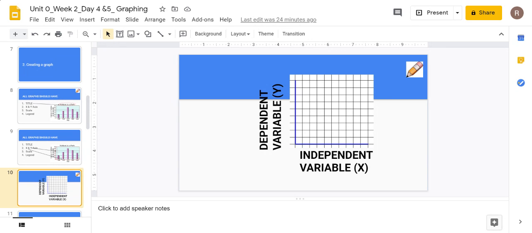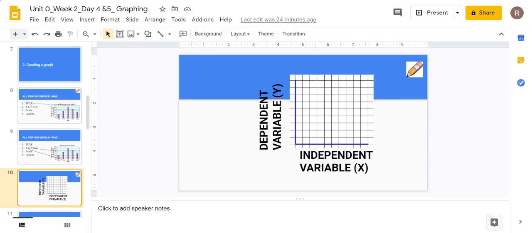The dependent variable, what you're measuring, always goes on the y-axis. The dependent variable, or what you are measuring, always goes on the y-axis. Your independent variable, or what you are changing, is always going to go on the x-axis.